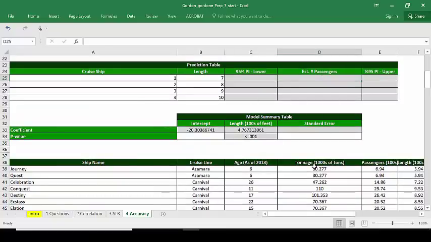Now we can use our regression equation to predict the number of passengers. So that would be equals the intercept, locked, plus the slope, locked, times the length.